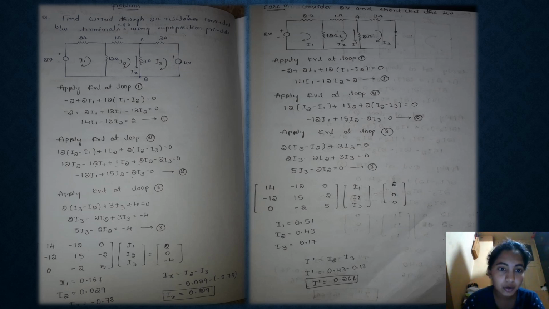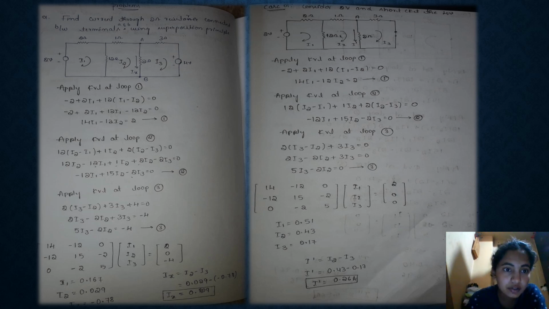First let us apply KVL to loop 1. The current is flowing from negative to positive.